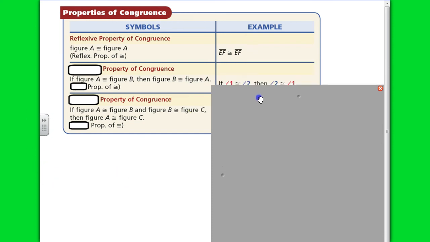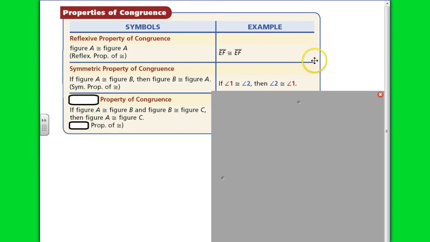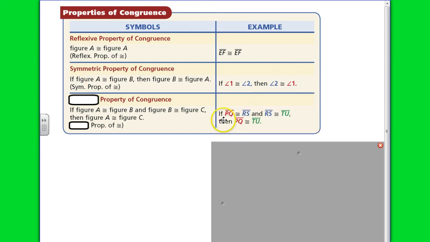The next one says that if angle 1 is congruent to angle 2, then angle 2 is congruent to angle 1. Do you remember what that was called? It's like a mirror, right? So it's a symmetric property. Okay, so we have symmetry. And finally, if segment PQ is congruent to segment RS, and segment RS is congruent to segment TU, then segment PQ is congruent to segment TU.